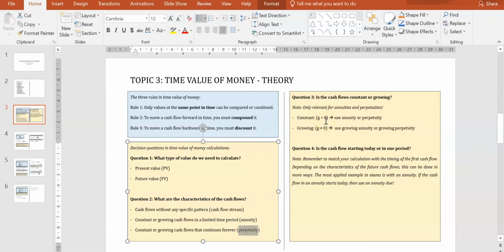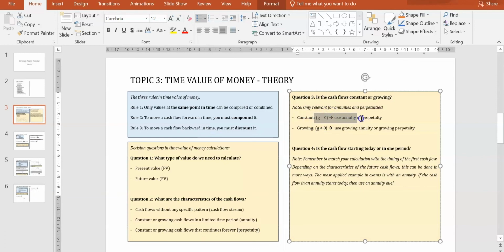Do we have any growth? No, that is not stated in the question. That means that G is 0, or we do not have to include G. And the last one here is, when does the period start? It starts in 1 year. If it's not stated when the period starts in a question, always assume that it starts in 1 year, because that is the most normal.